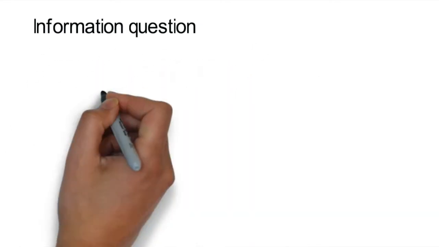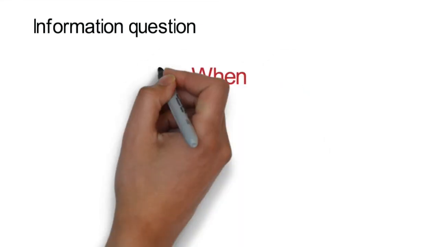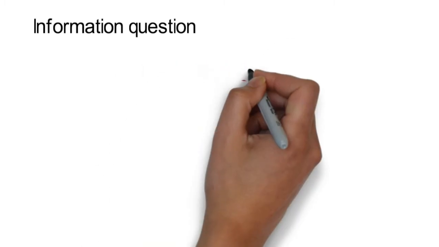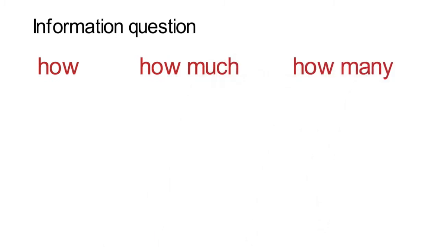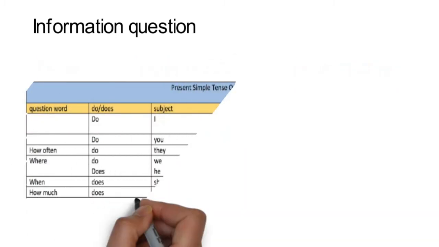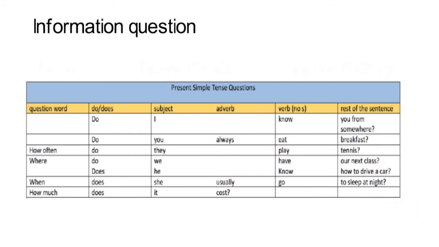We start with a WH question word such as what, when, where, who. Or we could use how much, how many, and so on. Here's a table that shows examples of both yes or no questions and information questions. Take a minute to read this table.